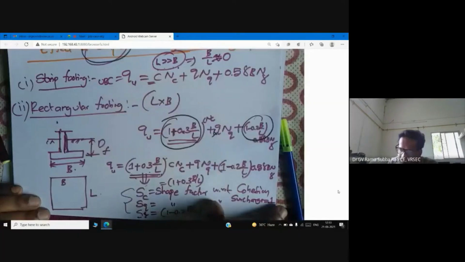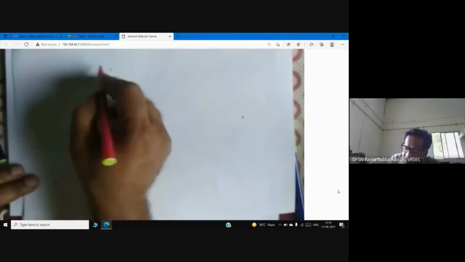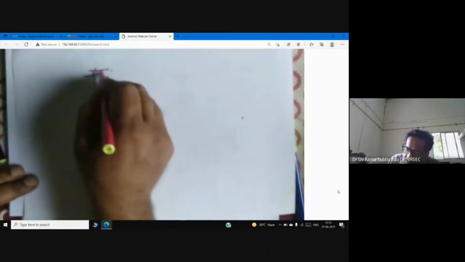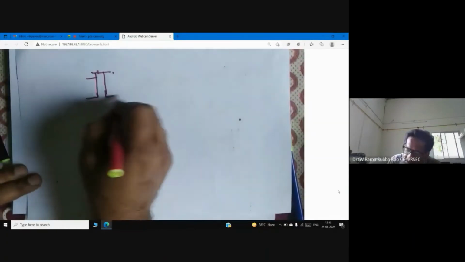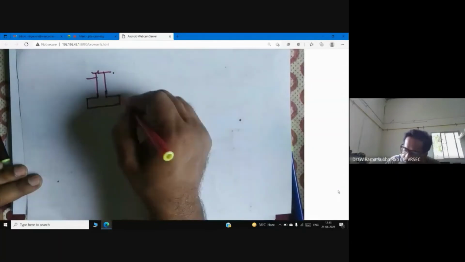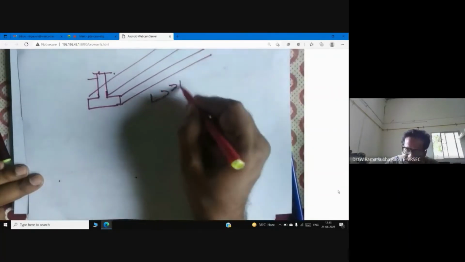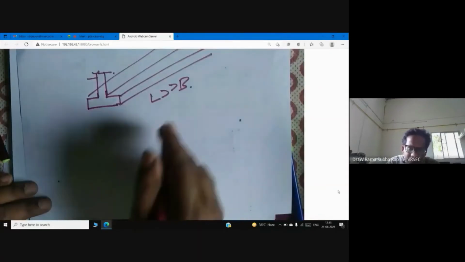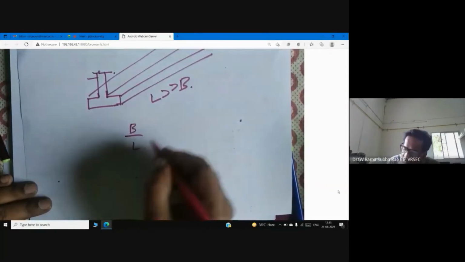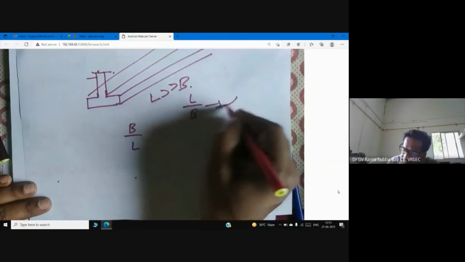Strip footing, as you know, is also called wall footing. Here length is much greater than width. So L by B is infinity.